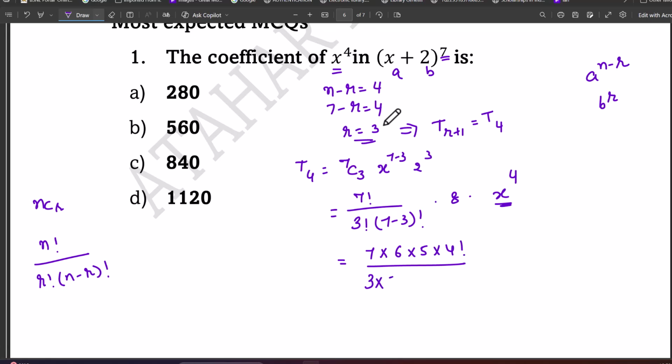Here I will write 3 into 2 into 4 factorial. Just to cancel I have done this. 2 1s are 2, 2 3s are 6, 6 will get cancelled. I have 7 5s are 35 into 8 into x to the power 4. So if I multiply this, that one will be the coefficient of x to the power 4. Clear, right? So if I multiply, I'll get 280. Option 1 will be the correct answer here.